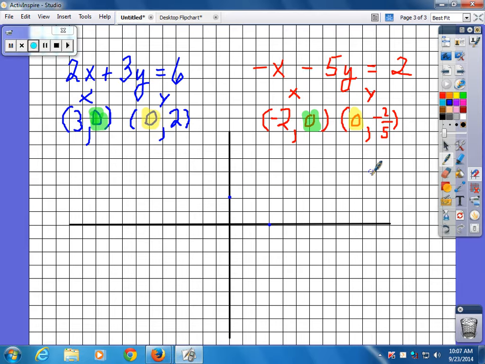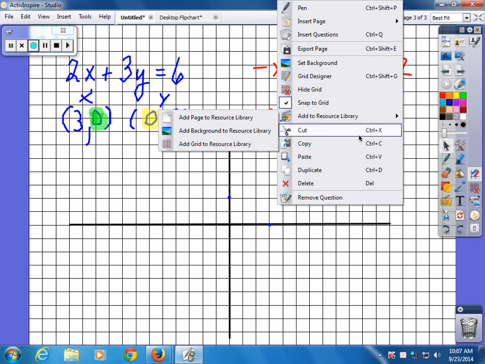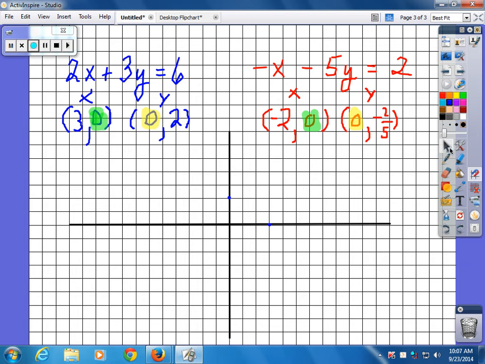Oh, that didn't snap the grid. Oh, look like it did. I don't think snap the grid's on. Yeah, it is. Okay, so my line, take my handy dandy line maker.